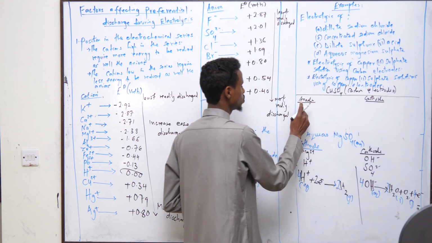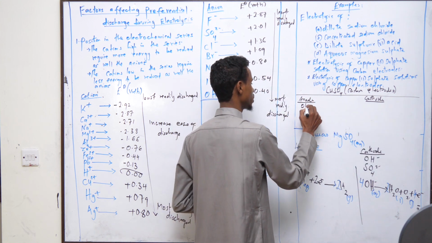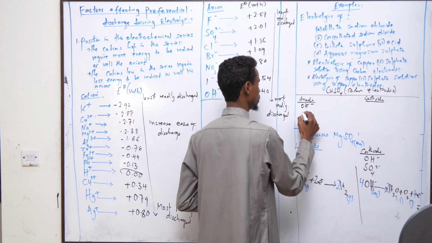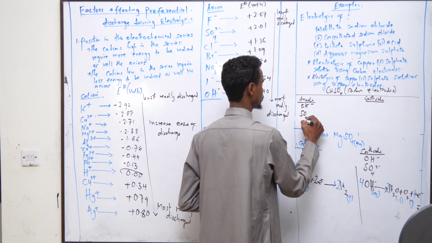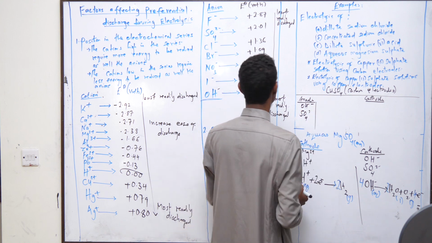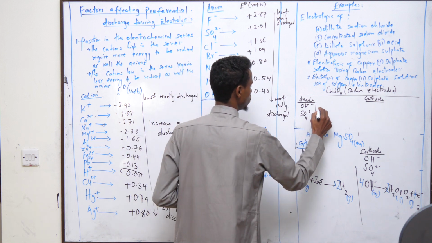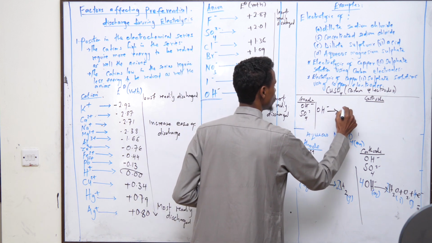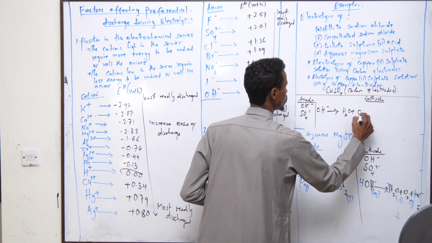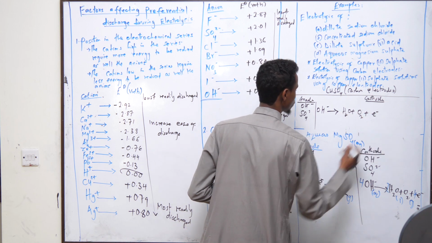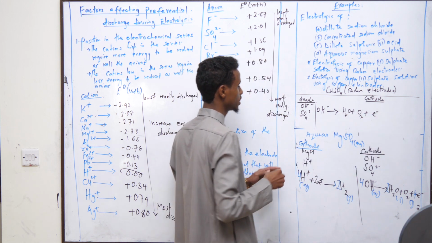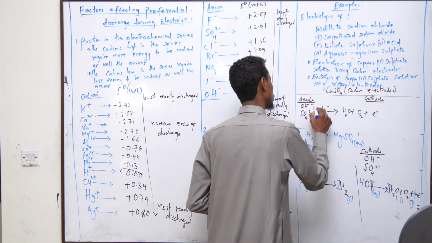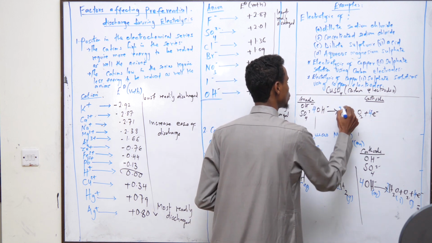At our anode, we will be having hydroxide. We will also be having the sulfate. Now, automatically, we know the hydroxide will preferentially discharge to form water plus oxygen plus electrons. Now, on balancing, it's automatic. We require 4, 4, 2.